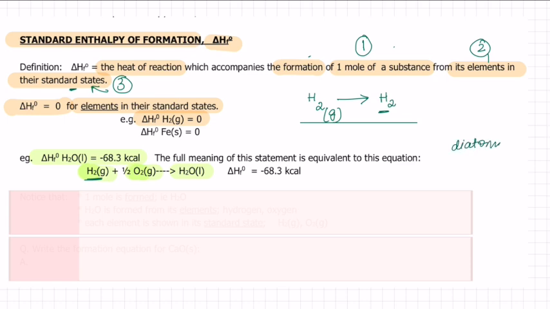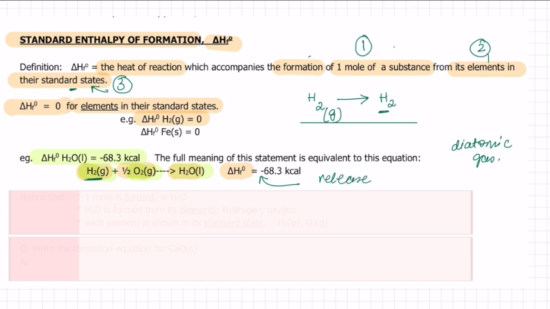When all of these conditions are met, then the energy change associated with this reaction is the delta H formation, and the equation is telling us that in this case 68.3 kilocalories of energy is released.